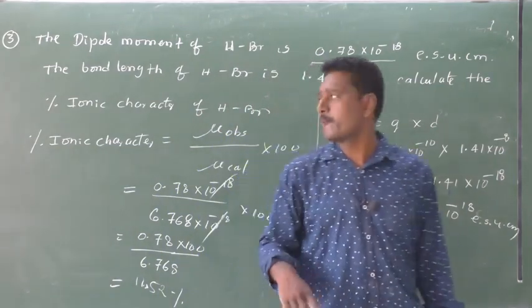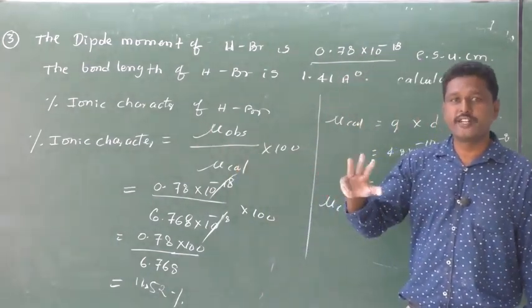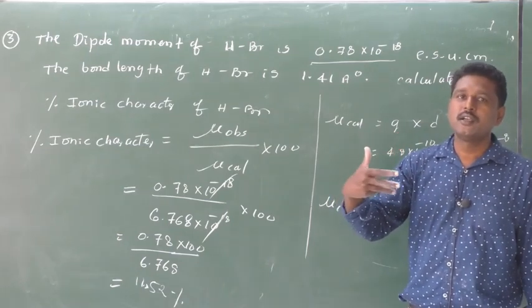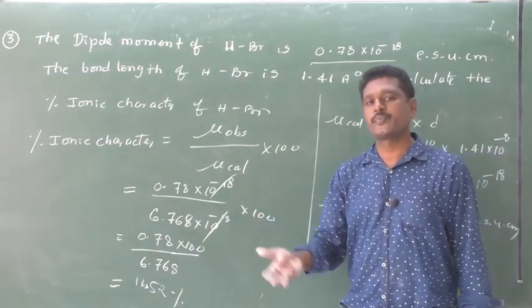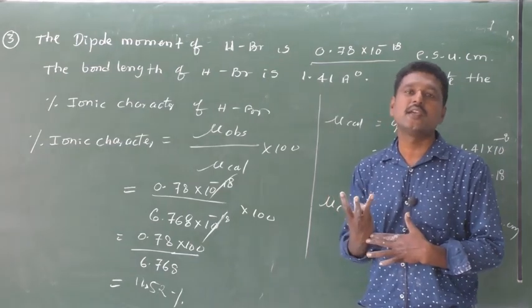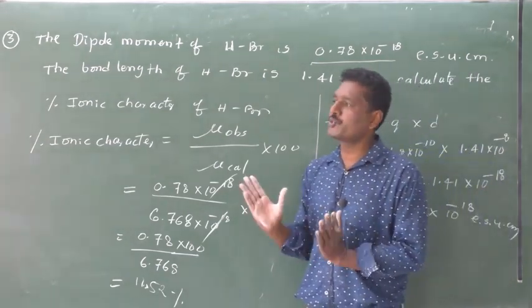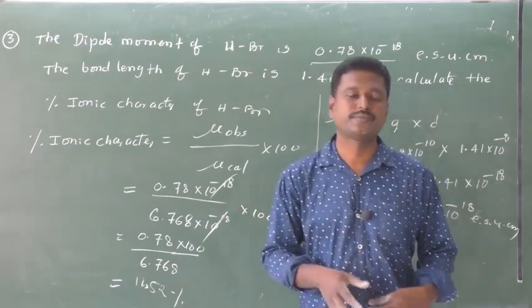Second formula is percentage ionic character. Third formula is bond moment. The numericals are related to these three formulas only. So in case of dipole moment, three formulas are used to calculate the numericals. This is enough to calculate numericals of dipole moment.